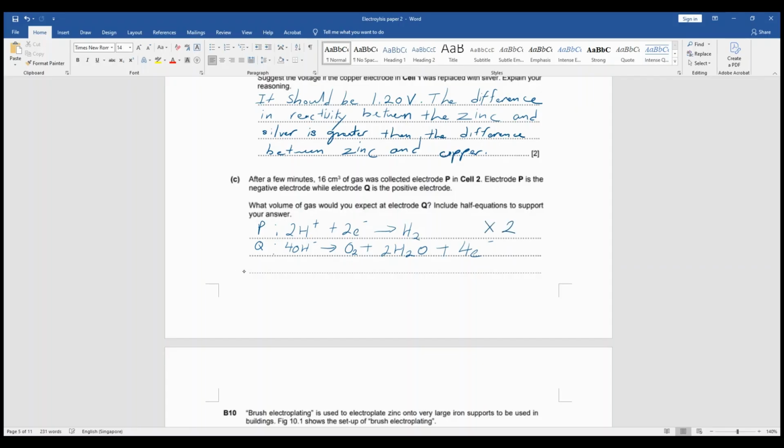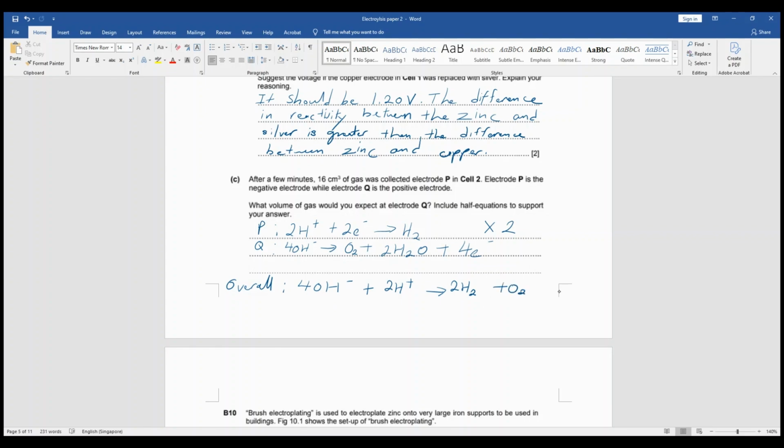So finally, I'm just going to write overall: 4OH minus plus 2H plus gives you 2H2 plus O2, and then the rest you cancel away, and you're left like that.